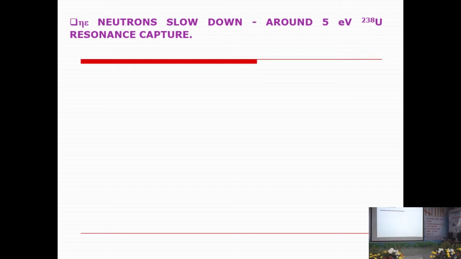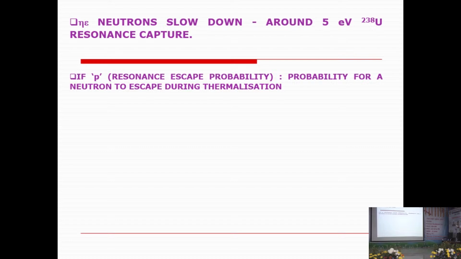To increase the cross sections we have to slow the neutrons down using a moderator. The neutrons are at an energy of around 1 to 2 MeV, and we are making them thermalize. In this process, neutrons of different energies are available. In some cases the neutron may be at the resonance energy of U-238 and will be captured by other isotopes.